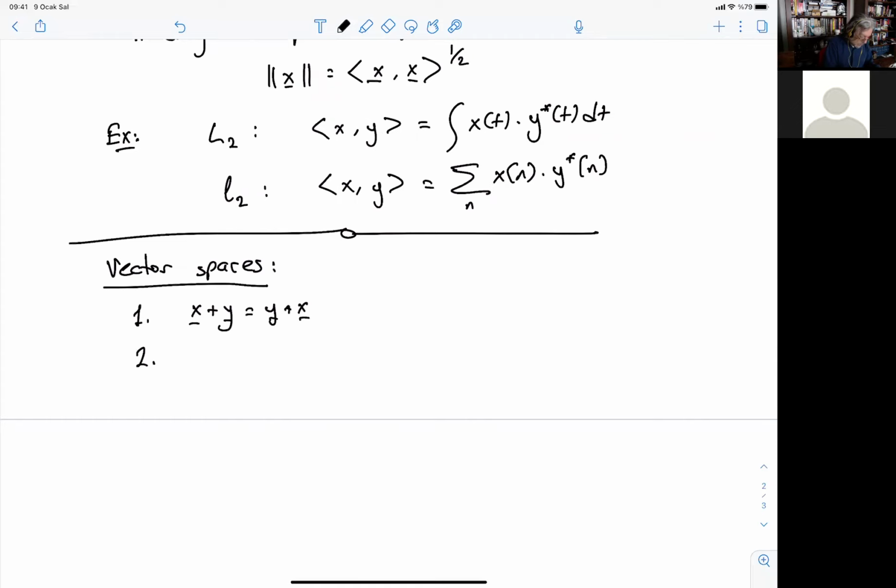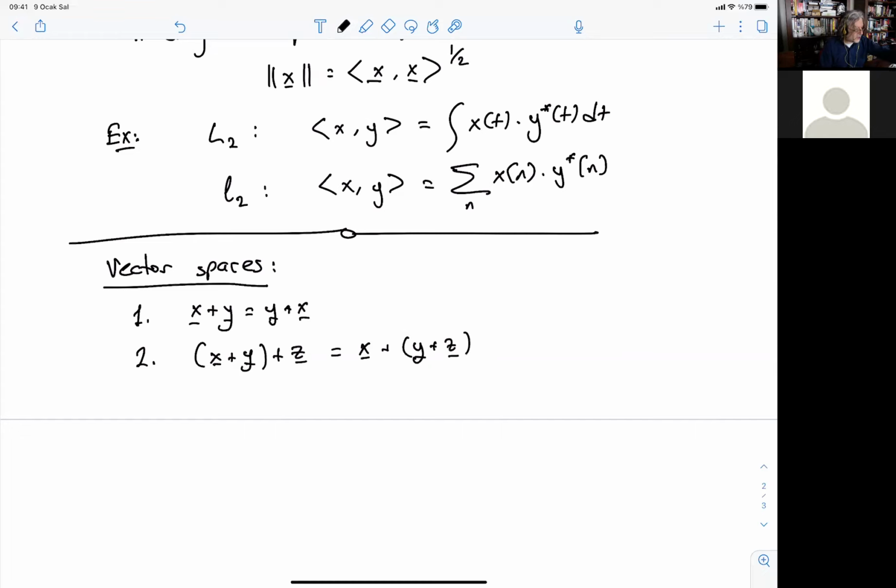The second one is the associative property. So the parentheses may associate to the first two or the last two. It doesn't really matter for the summation of the vectors.